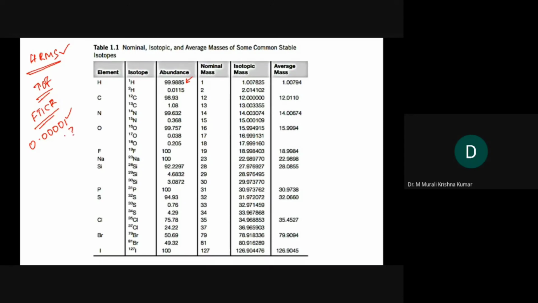So what is the significance of getting the molecular weight up to this much accuracy? As you all know, let's say you have CH4.